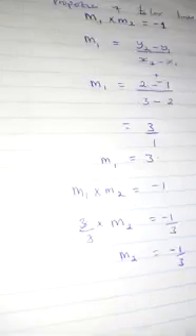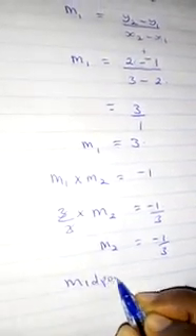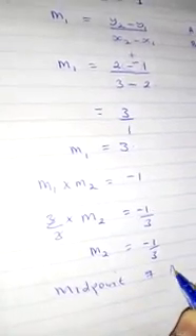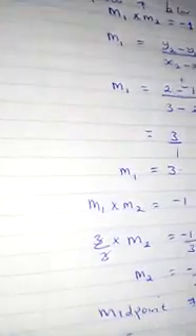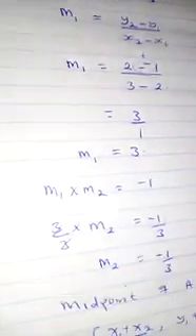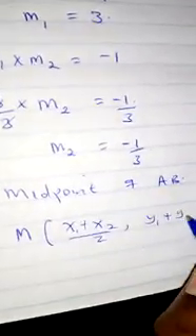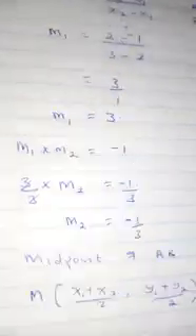Very simple. Now, the way we get the midpoint of AB, which I can call capital M, is just the average of those two: x1 plus x2 over 2, comma, y1 plus y2 over 2. Is that clear?